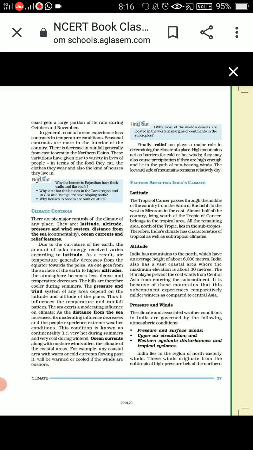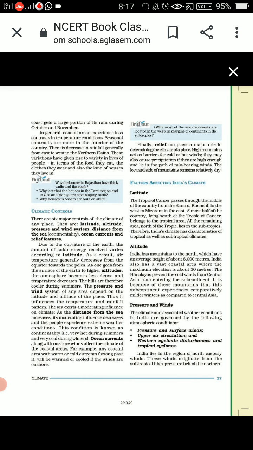According to the latitude, the air temperature generally decreases from the equator towards the poles. Now, children, the next is your altitude, at what height you are. The atmosphere becomes less dense and the temperature decreases with the height.